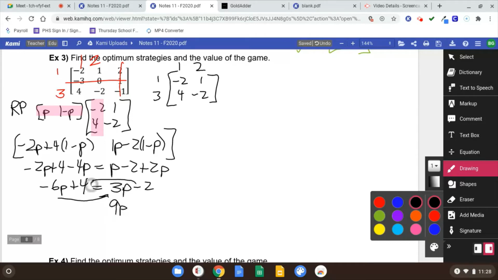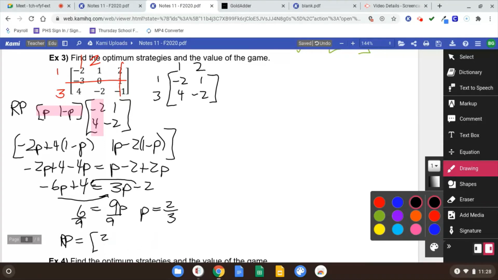I'd add this over, and that equals 6. So divide by the 9, and we're going to get p equals 6 over 9, or 2/3. p equals 2/3. That means the row player's strategy is 2/3 and 1/3.